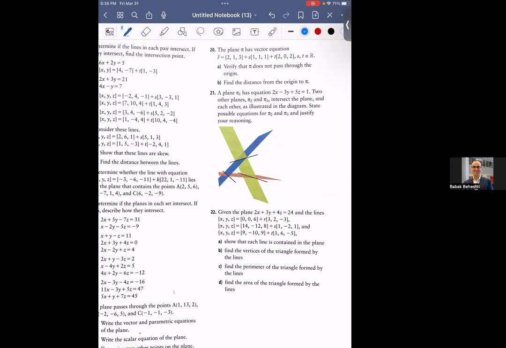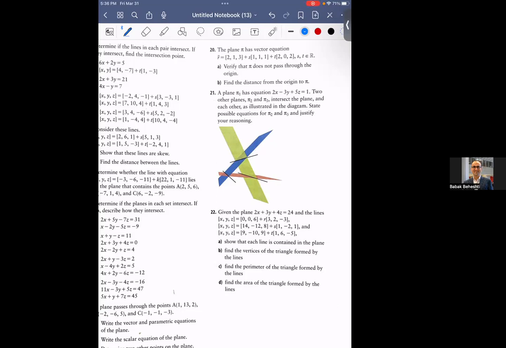If you have two planes, then you want to see whether they intersect each other or they are parallel to each other. How can you do that? If they are parallel, and you have the scalar equations of the planes, it means their normal vectors are in the same direction.